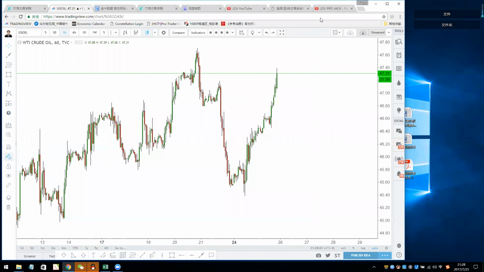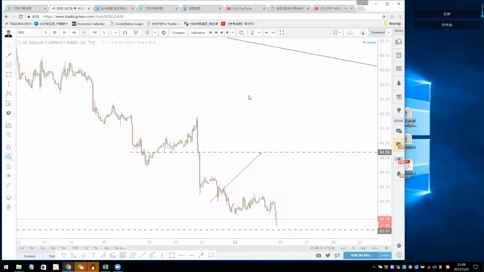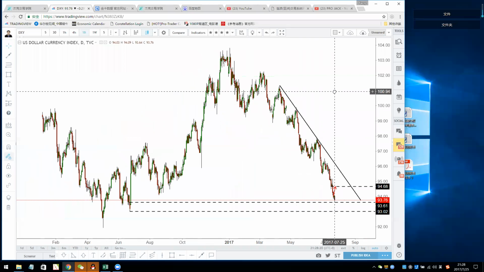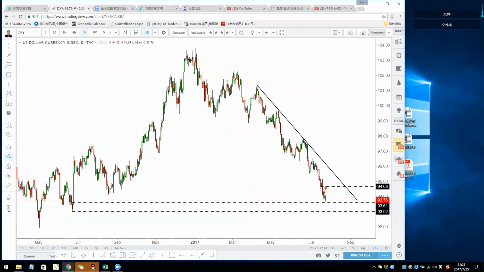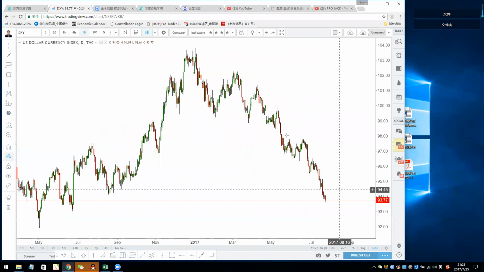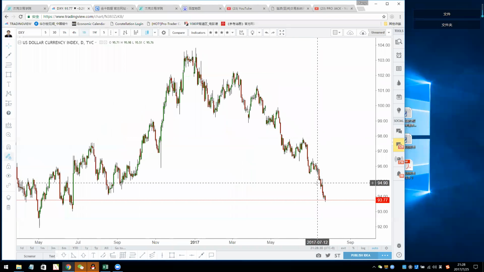So let's start today's webinar, and let's first look at the DXY. Every time I'm going to start with DXY, because the dollar index is so important for all the pairs and all the commodities. My view is it's still a bearish channel, and it looks like it's going to fall down and break a new low.